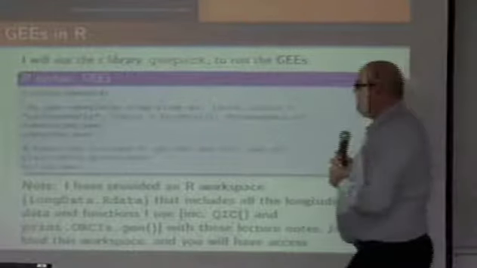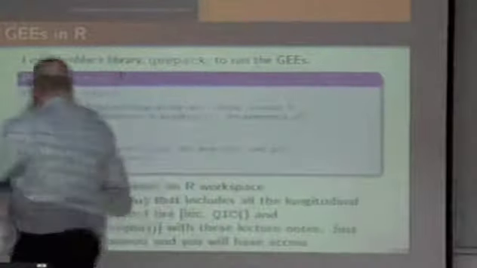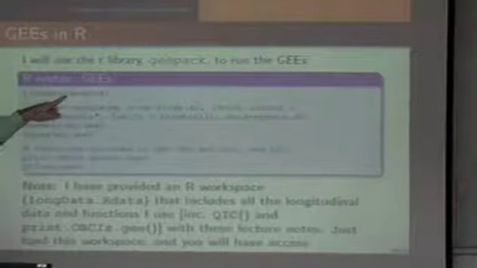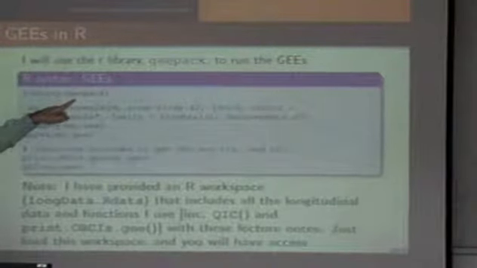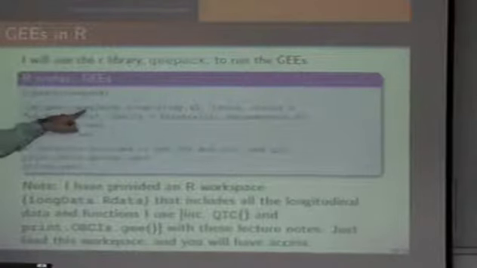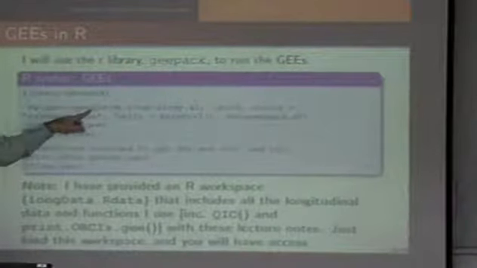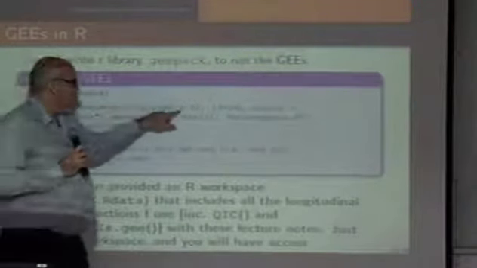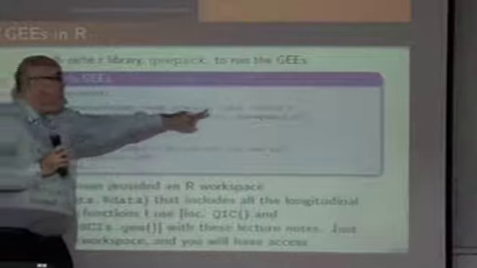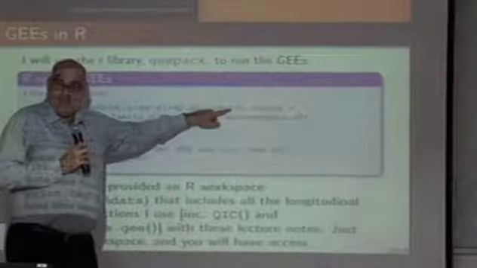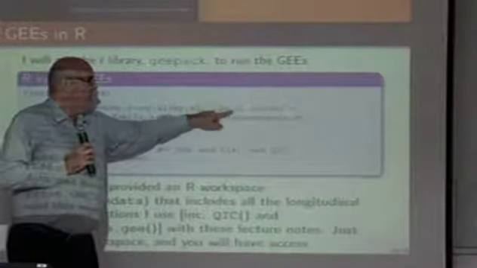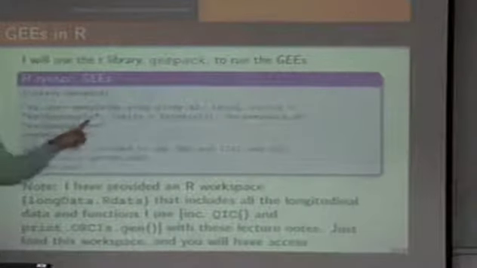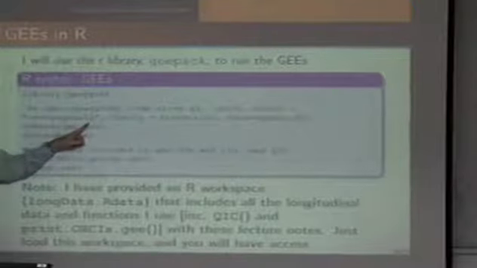Okay, so here is my syntax for it. My GEE, note this comes from the library geepack, which we'll download in a minute. geeglm, my.y squiggly line, my.x1, my.x2. This is very important. This is our random effect: id equals id. Here is the correlation structure. So I'm going to use exchangeable, the compound symmetry.